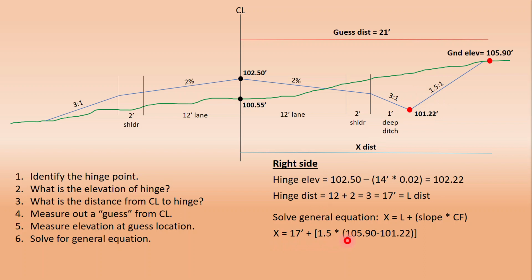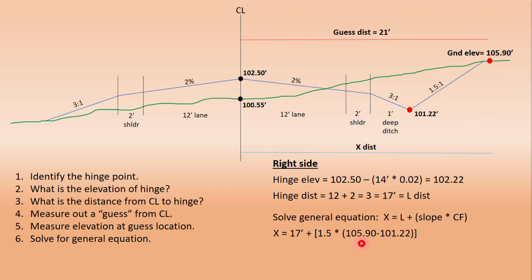This time it's a cut, the other side it was a fill, but it's still the same principle. Your cut fill dimension is just the vertical separation between the natural ground where you took your guess down to the elevation of your hinge point, right? That vertical dimension. We're going to multiply that vertical dimension times our slope number to give us the horizontal equivalent.